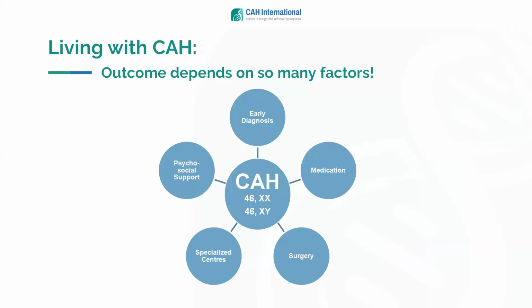So if you have early diagnosis, it's so much better with CIH, medication, surgery, availability of high quality surgery for the urogenital. I don't talk about the adrenalectomy. If I talk about surgery, it's about the virilized structures of women. Specialized centers, are there some specialized centers for people with CIH, and very vital, the psychosocial support.